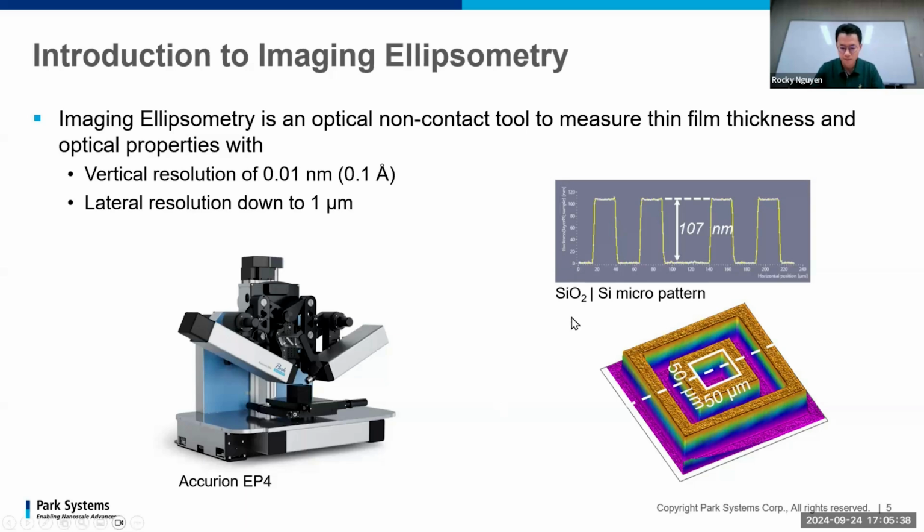You can see in this example, this is the imaging ellipsometry measurement on a micro-patterned silicon dioxide on a silicon substrate. And thanks to the high lateral resolution, we can reconstruct the surface of the pattern in 2D or 3D formats very easily.